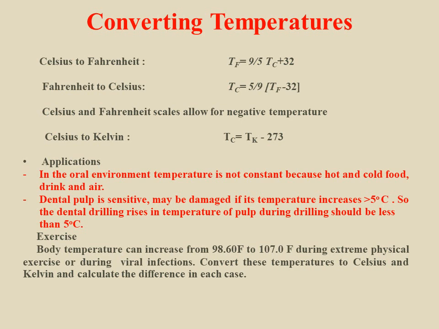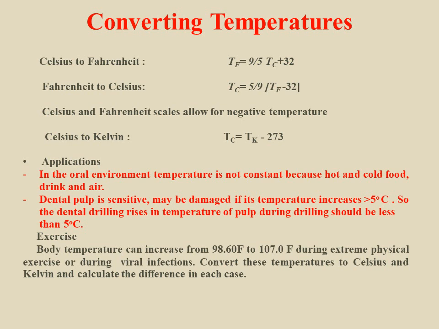Application: in the oral environment, temperature is not constant because of hot and cold food, drink, and air. Dental pulp is sensitive and may be damaged if its temperature increases more than 5 degrees C. So the rise in temperature of the pulp during dental drilling should be less than 5 degrees C.